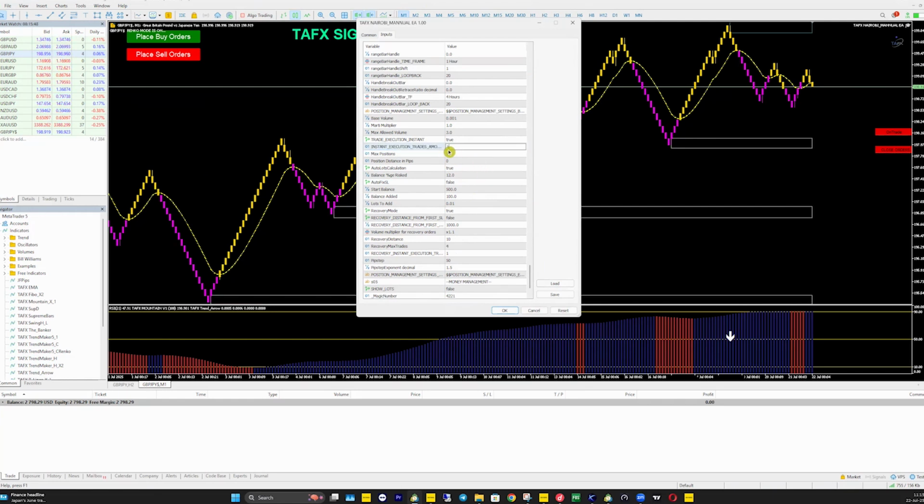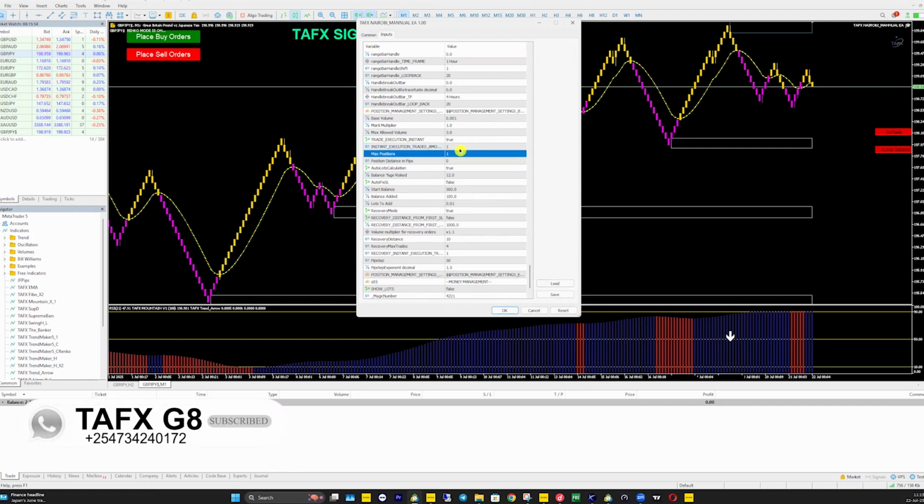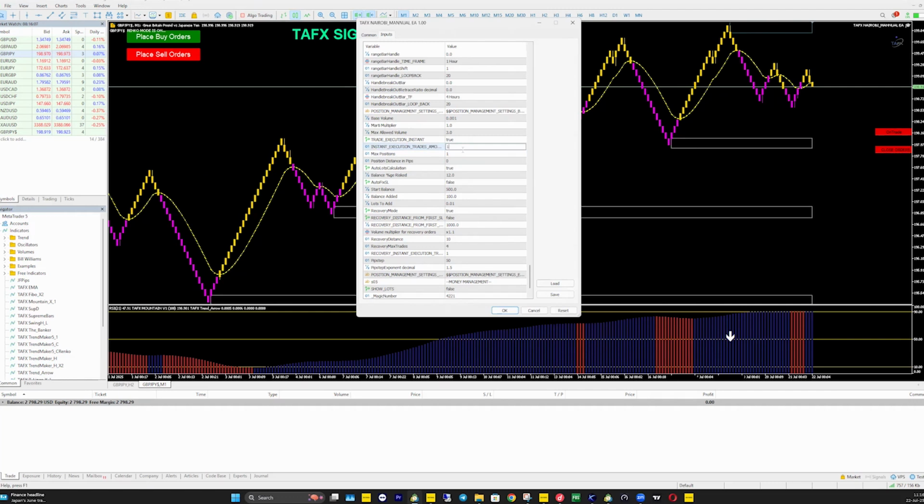By default it always comes as 1 instant position. So what I was showing there was instant execution. If you want them to take 5 positions at once, 2 positions at once, 4 positions at once, this is where you set. All right, so now we want to let the system, whether manual, take 1 position.